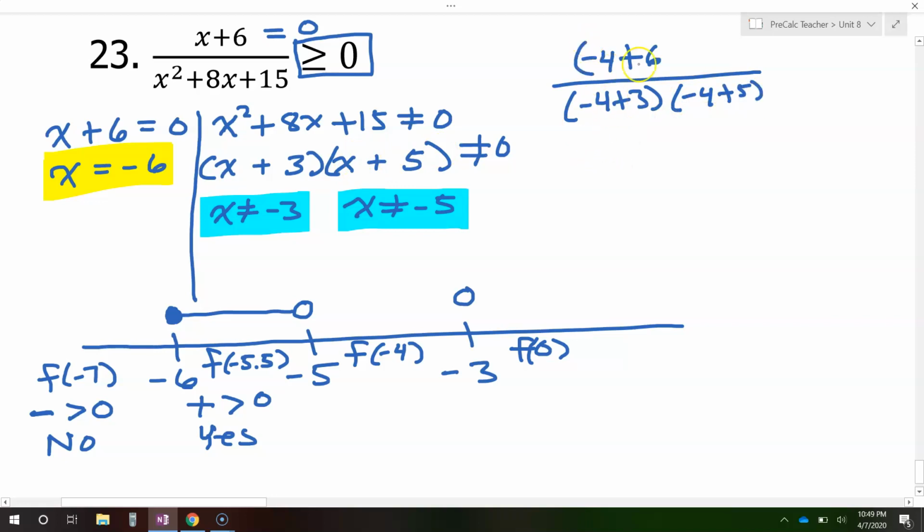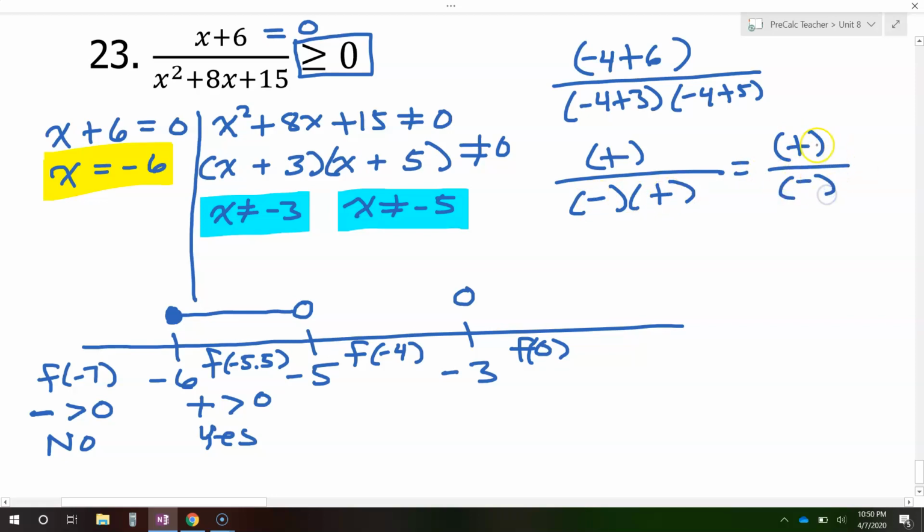That is going to be a positive divided by, and I'll have a negative and a positive. A negative times a positive is a negative, and a positive divided by a negative is a negative. So I'm getting a negative. Is a negative greater than 0? No. No solutions in this interval.